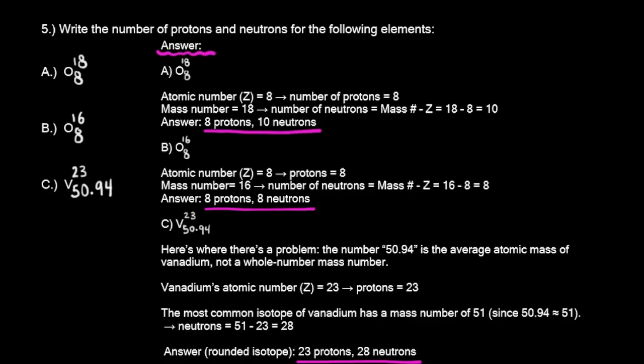So vanadium has 23 protons, and after we round 50.94 to 51, we get a value of 28 for the number of neutrons, because 51 minus 23 is equal to 28. So vanadium has 23 protons and an approximate value of 28 neutrons.